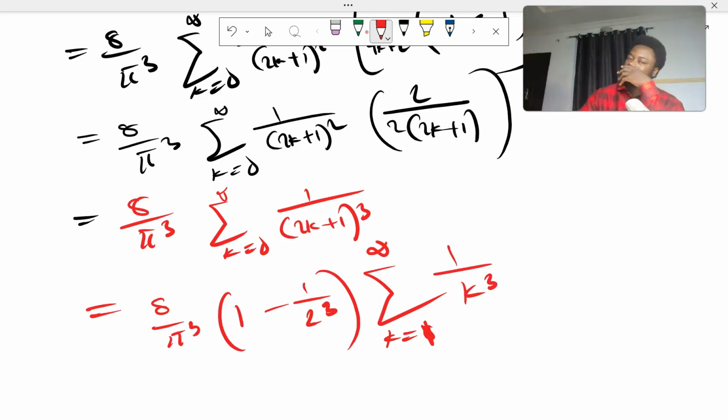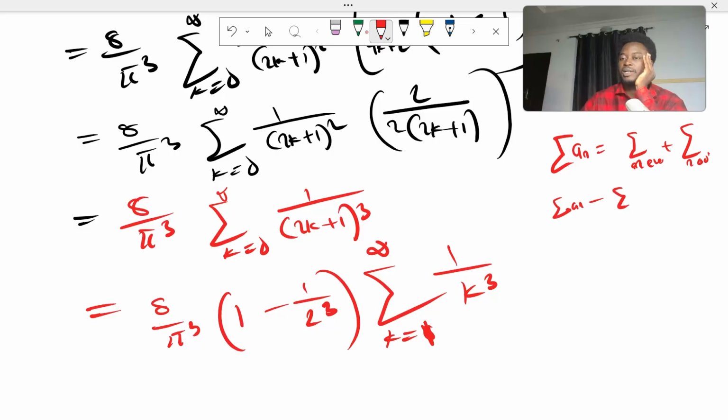Now the reason for this is that for any series, the sum of a sub n equals the sum of the series when n is even plus the sum of the series when n is odd. Now this is the case where n is odd, so the odd case will be the series a sub n minus the series a sub n for the even case, which is why I wrote it as 1 minus 1 over 2 to the third power: the sum of 1 over k cubed minus the sum of 1 over (2k) cubed.